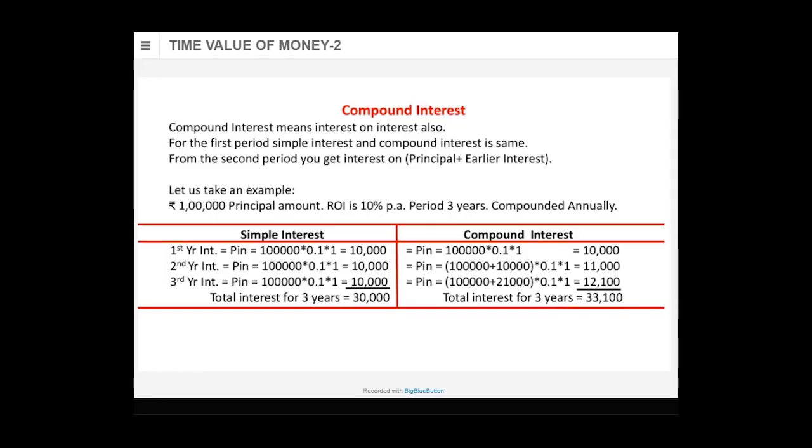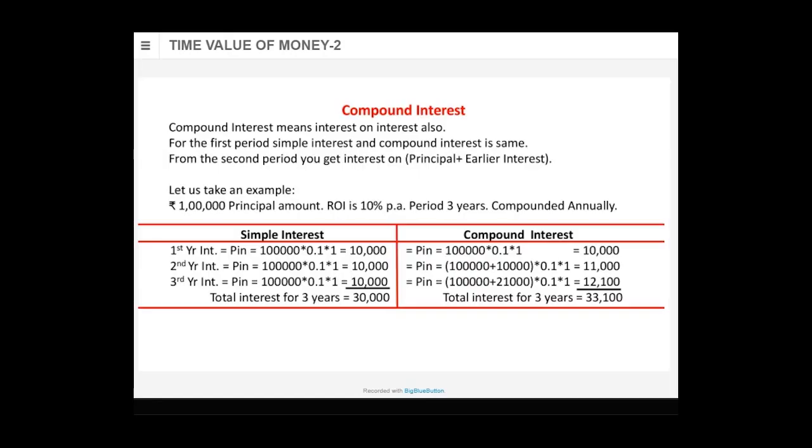Third year: on the left hand side, simple interest will be the same, 10,000. But in compound interest, I'll get my 1 lakh plus earlier interest. I'm into the third year, so first year interest plus second year interest. First year interest is 10,000. Second year interest is 11,000. 10 plus 11, 21,000 interest. So my principal now became 1,21,000 into 0.1, that is 10% into 1 year.